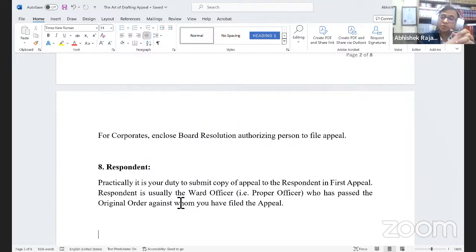Because tomorrow you are going to fight with that officer. Technically, you are going to fight against this officer. They don't come to the hearing in the first appeal, that is a different matter. But technically, you are fighting with that officer. You should always have a good rapport with that officer.